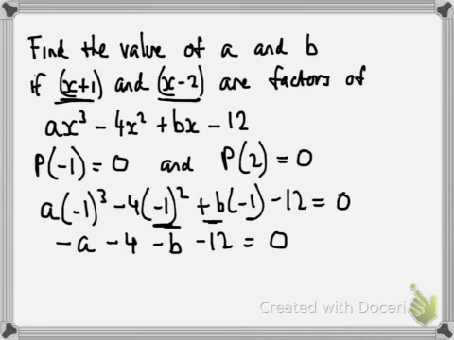Negatives with the a and b are awkward, so I try to create a situation where a and b are positive. If I take a and b over the other side, we get a plus b, and the numbers remaining give -16 equals a plus b. So that can also be written as a plus b equals -16. We'll continue on the next slide.